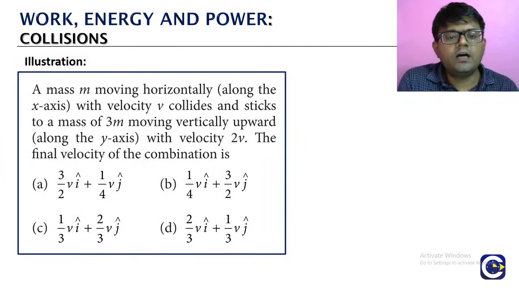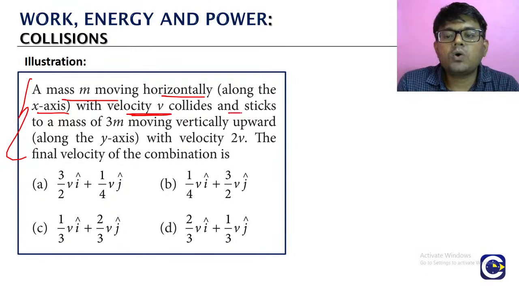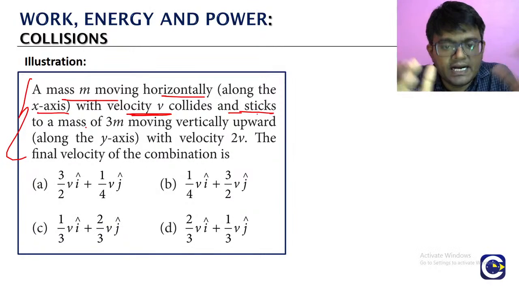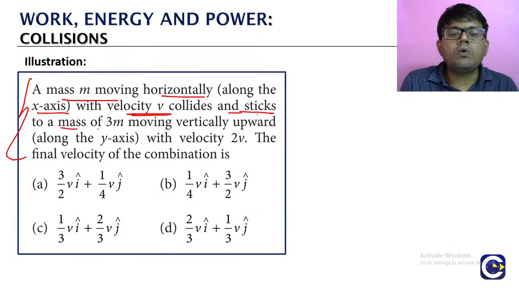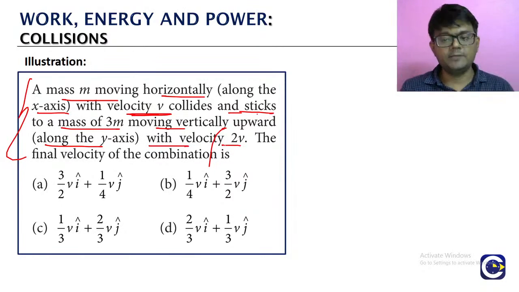If you have a question like this: mass m moving horizontally along the x-axis with a velocity v collides and sticks to a mass 3m moving vertically up along the y-axis with velocity 2v.